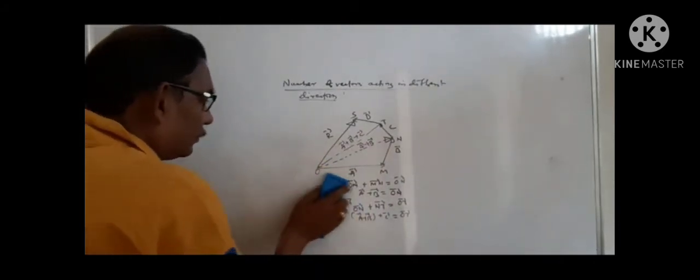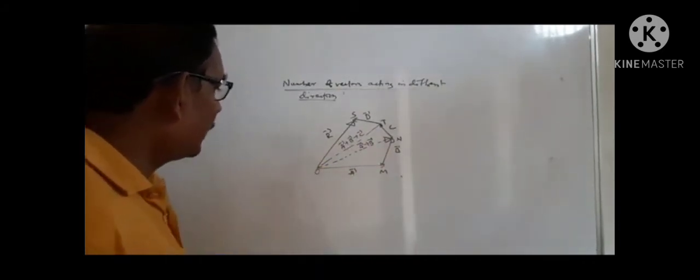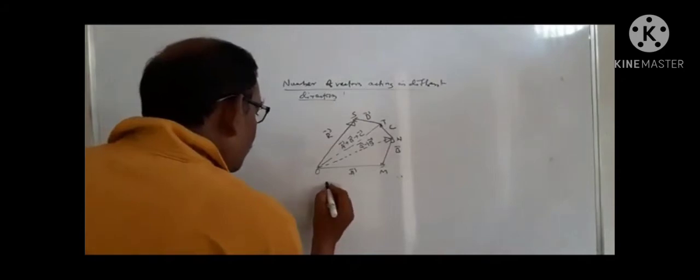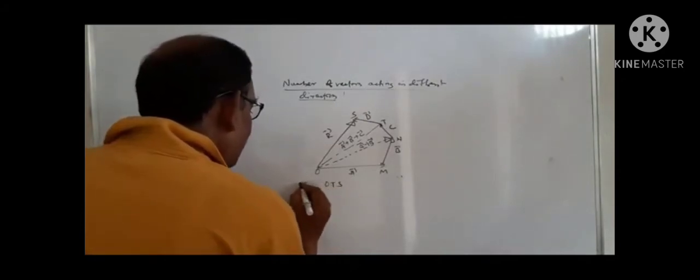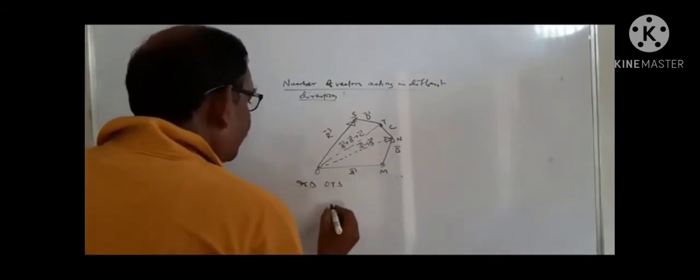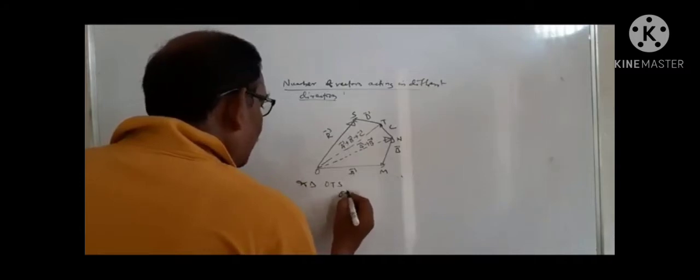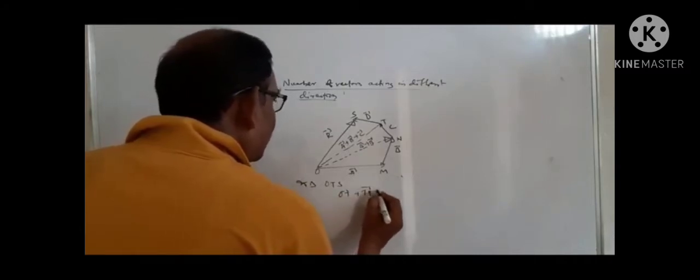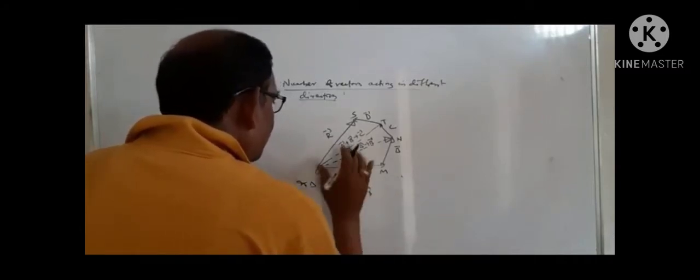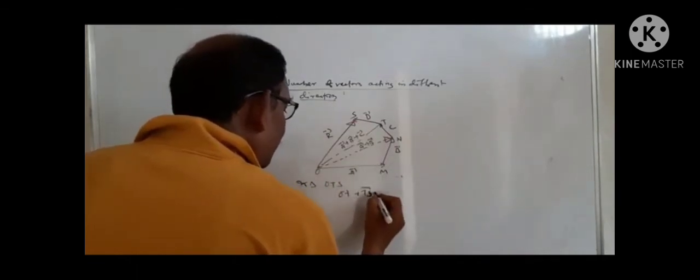Now, by taking the triangle OTS, it is your OT plus TS, OS in opposite direction.